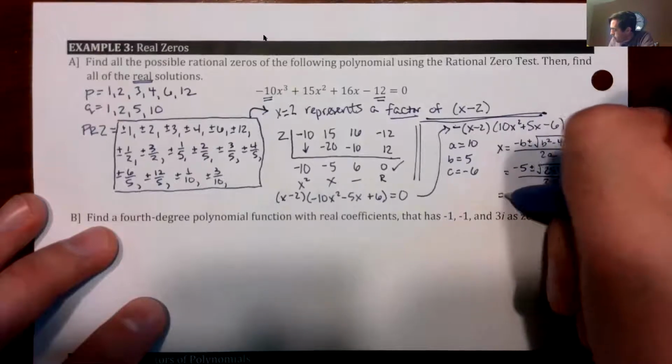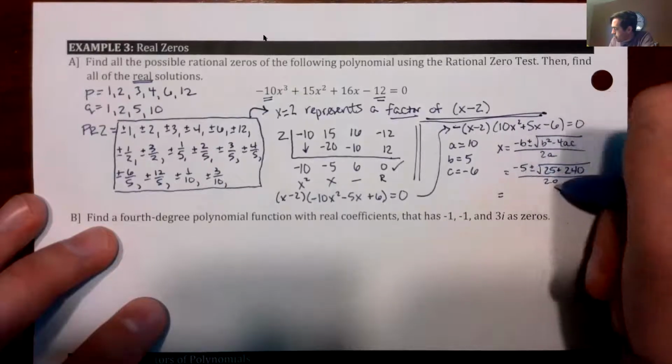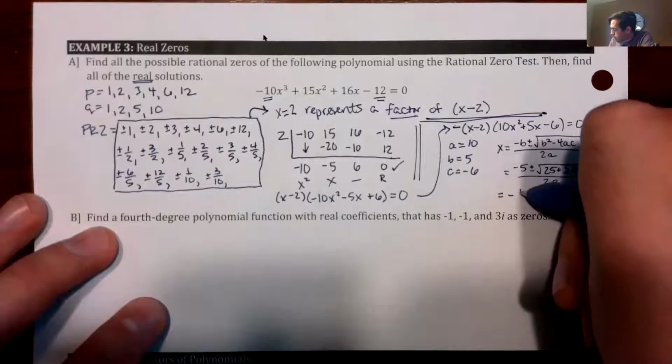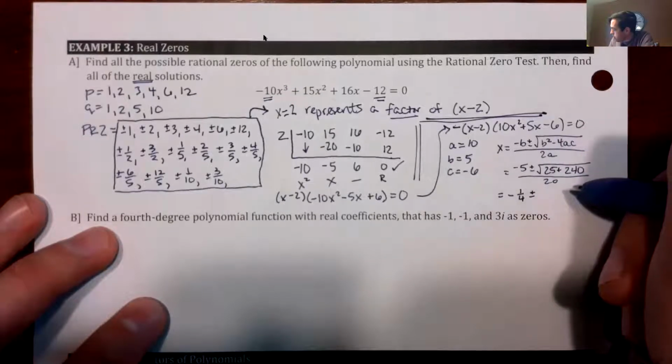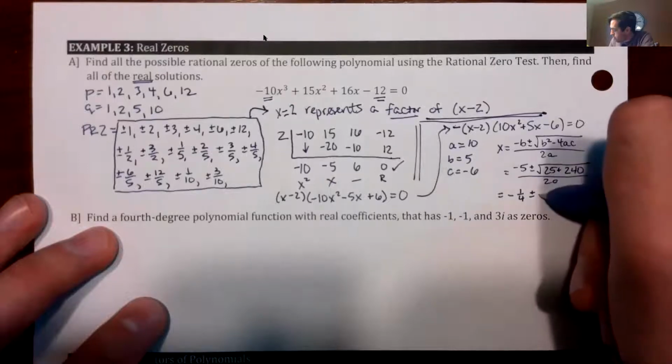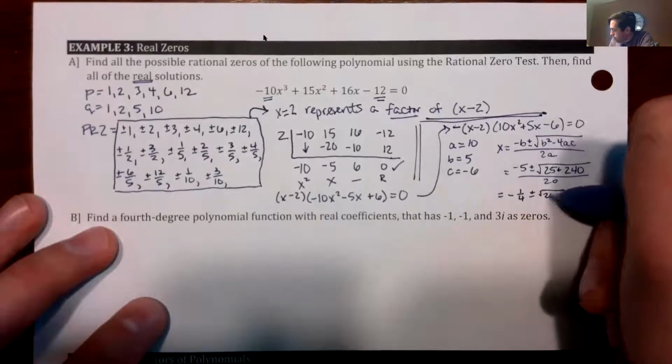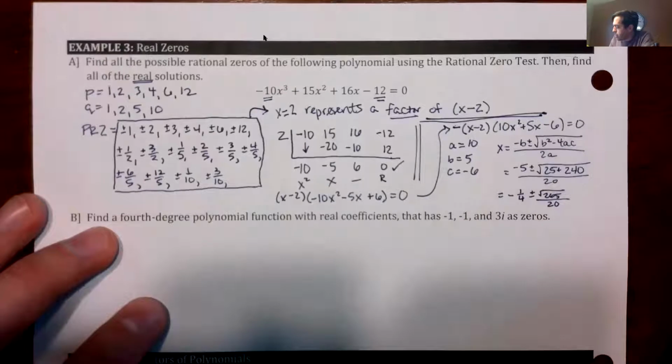So the 20 can distribute here, so this becomes negative 1/4 plus or minus the square root of 265 all over 20.